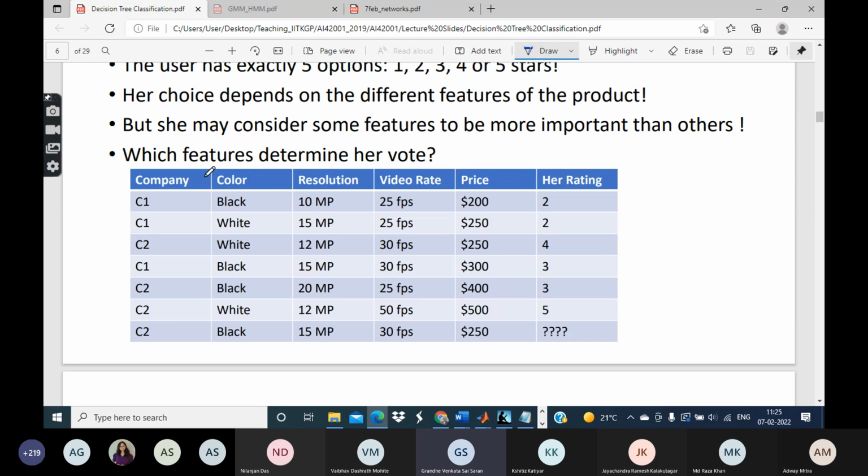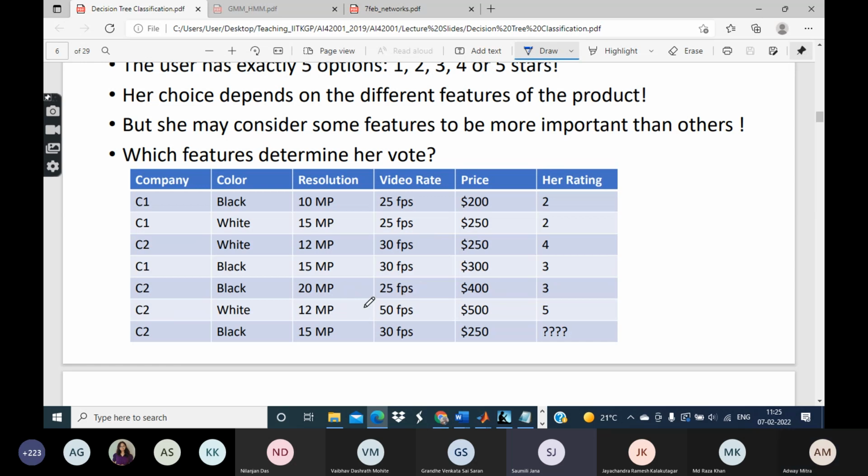Sir, it looks like the video rate. Video rate, okay. And why do you think so? Because she has given 5 stars to 50 FPS in spite of the price, it's the highest price, so price doesn't play much of a role here. And even the resolution, it doesn't go as per, for example, she has given 3 to 20 MP resolution.